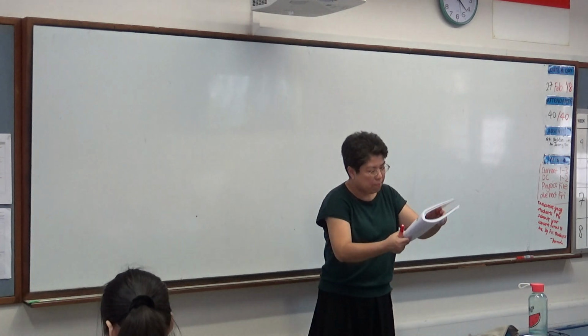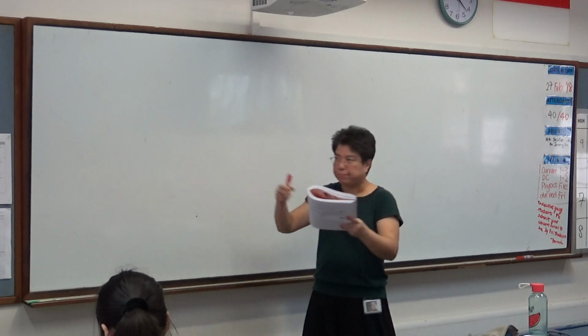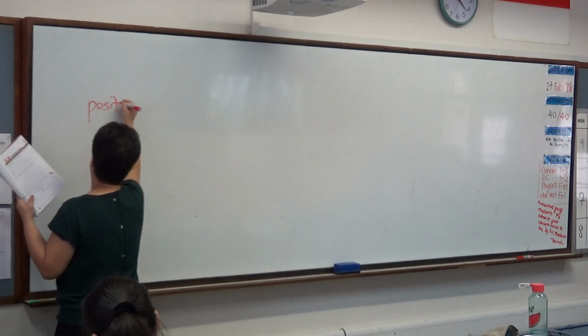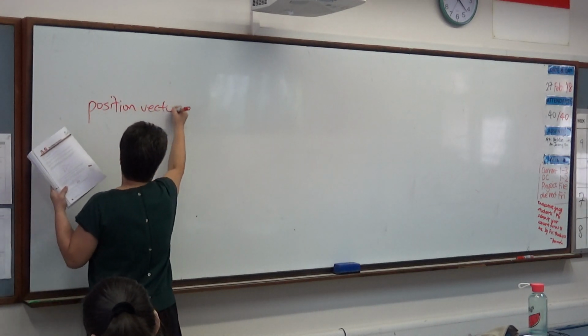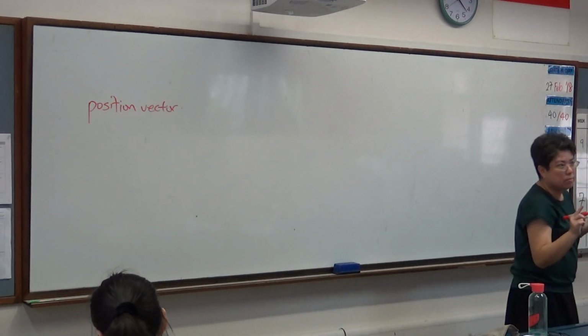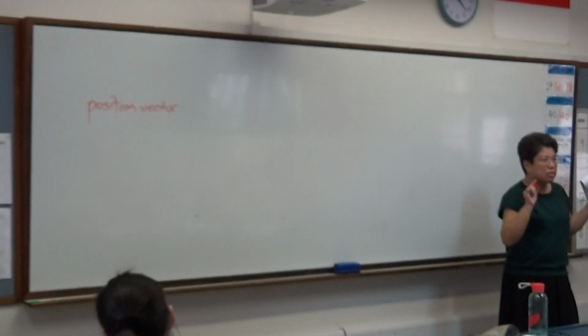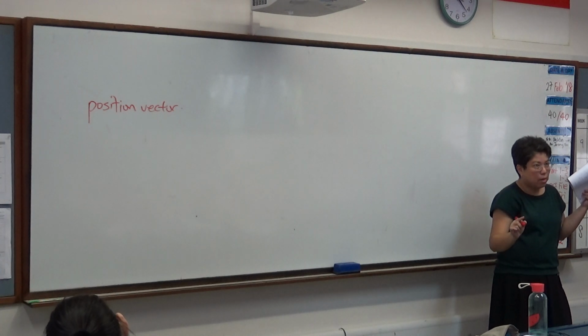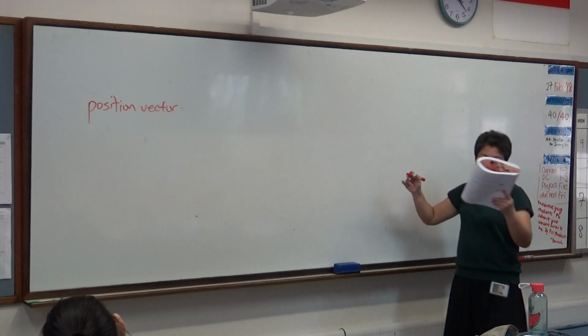Everybody listen up. When we say position vector, it is taken with respect to the origin. That means the origin (0, 0). It must be drawn on the xy plane. Xy plane is also called Cartesian plane. Understand? Okay? Now, let's take a look.